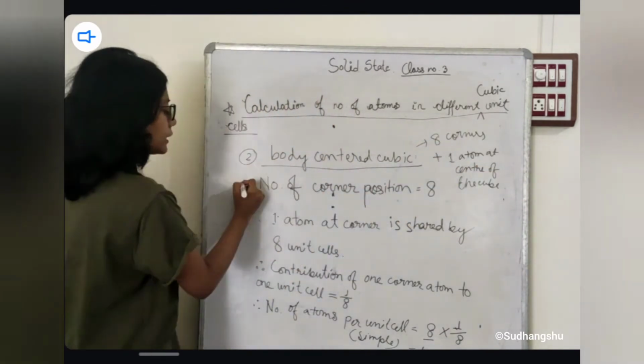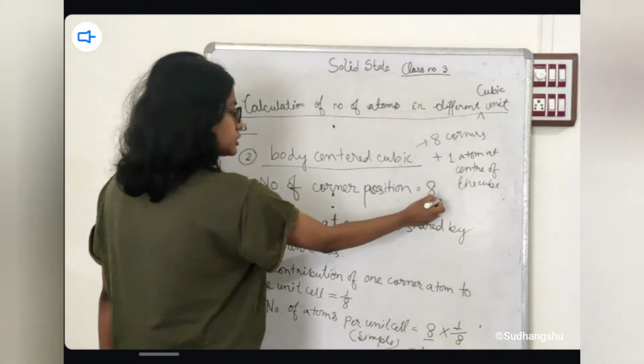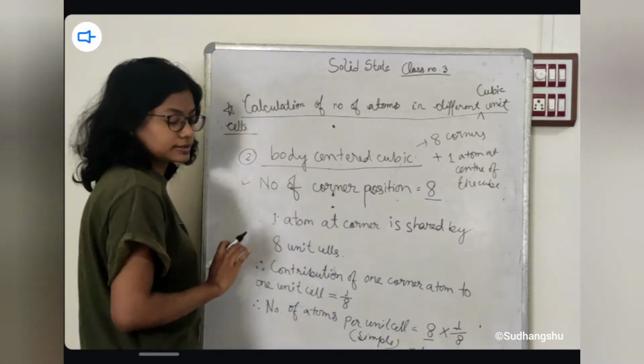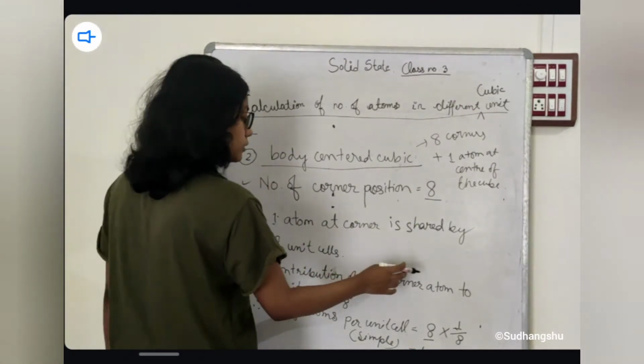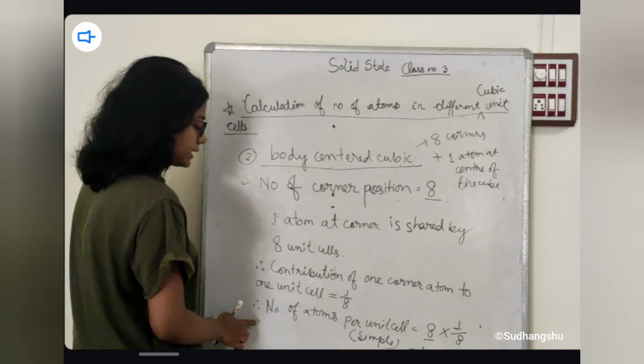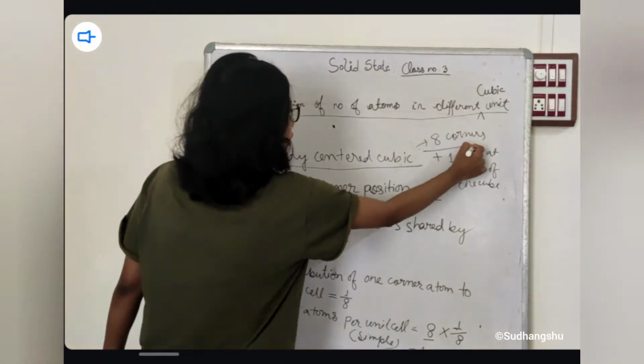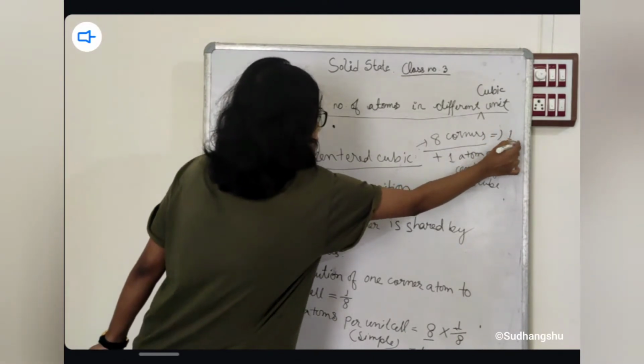So for corner atoms, the number of corner positions is 8. One atom at the corner is shared by 8 unit cells. So the contribution of one corner atom to the unit cell is 1 by 8. So the number of atoms per unit cell from the 8 corner atoms is 1. So its contribution is 1.